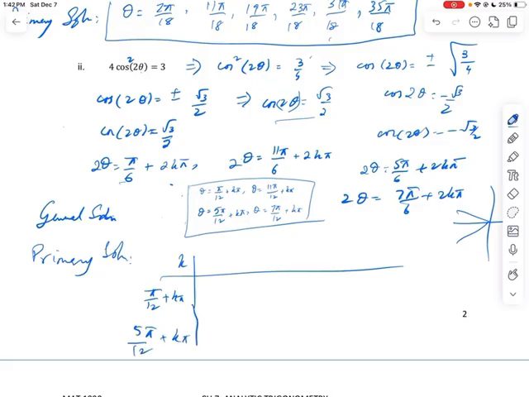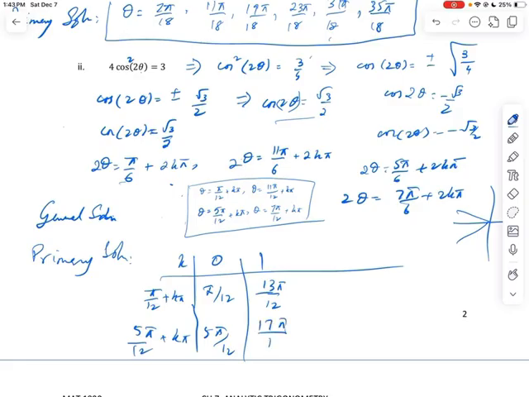So k is 0 gives me pi over 12, and then here 5 pi over 12. K equal to 1 will give me 13 pi over 12, and 17 pi over 12.